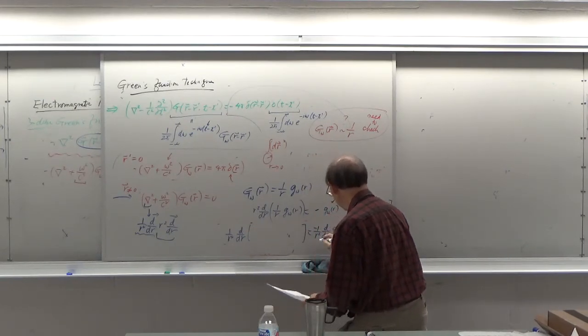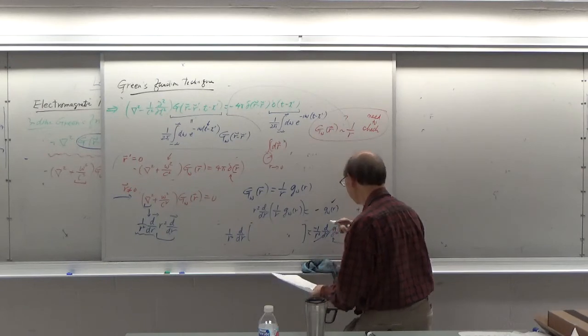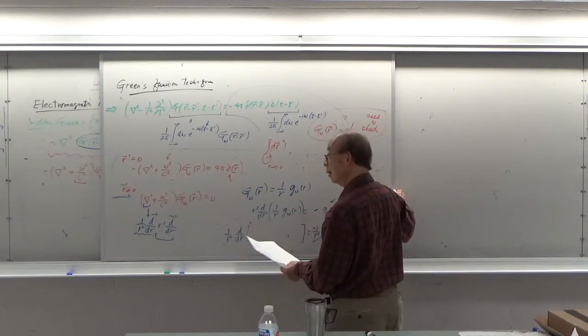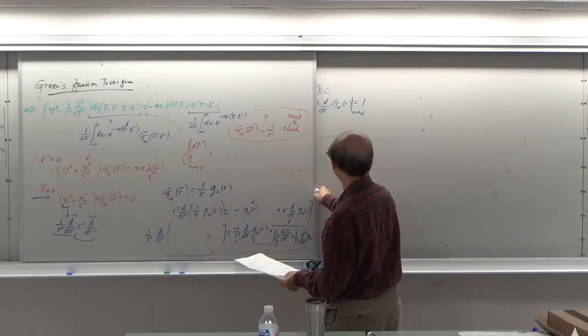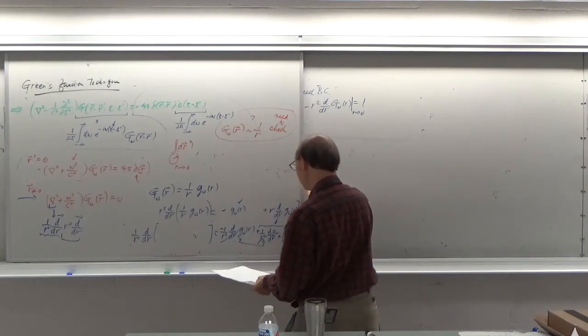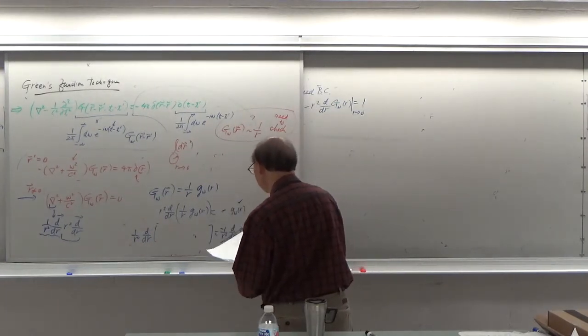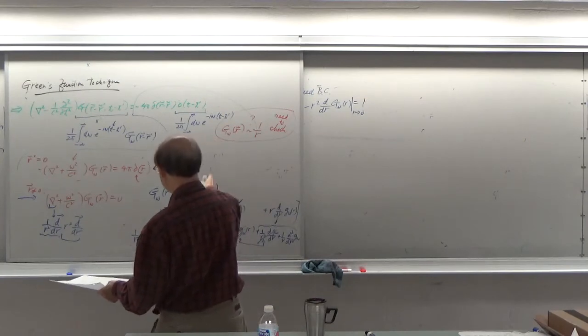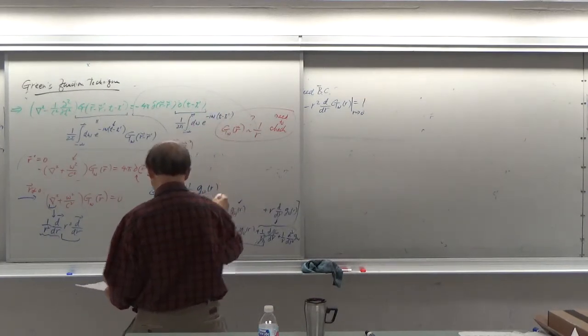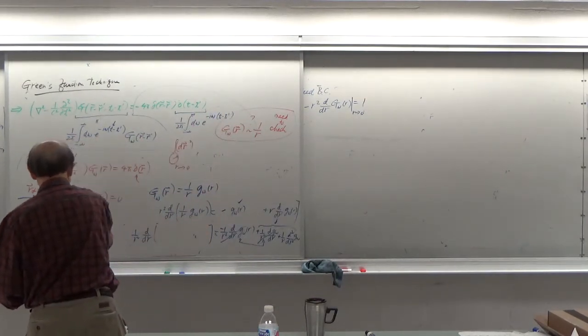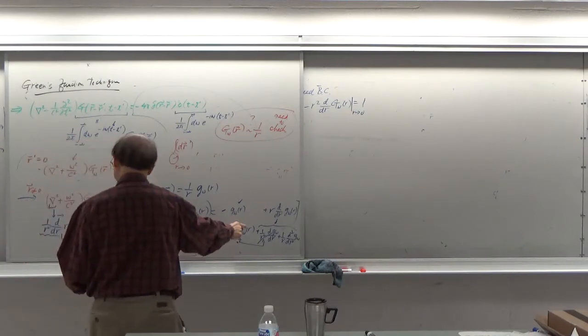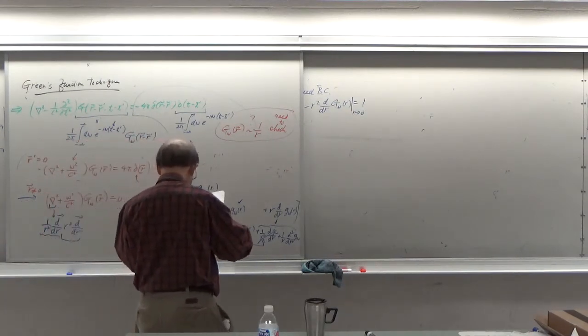So indeed, hallelujah, this cancels that. Sorry, it's taking longer than I thought. So I come to the conclusion that this thing acting on this one just gives me that.